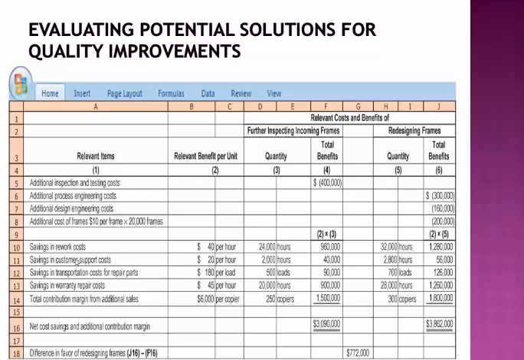We can either A, electronically inspect and test the frames before production starts, so we are going to have to inspect and test the frames before we can even use them. Or we can B, redesign and strengthen the frames and their shipping containers so that they would better withstand the mishandling during transportation. So A is going to have cost and B is going to have cost.